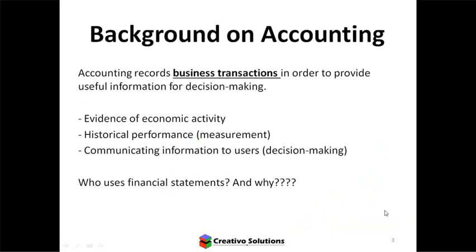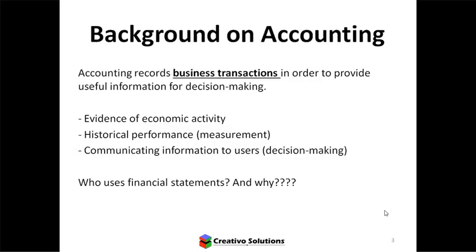Alright, so to continue where we left off last time, we spoke about the background on accounting. In this video, we're going to expand a bit more and look at some of the uses of financial accounting. Accounting records the business transactions in order to provide useful information for decision making. We established that in the previous video, and we know that a transaction involves a buyer and a seller.